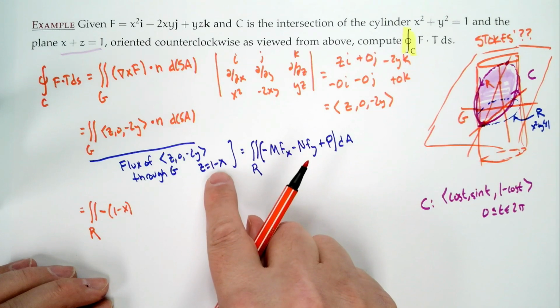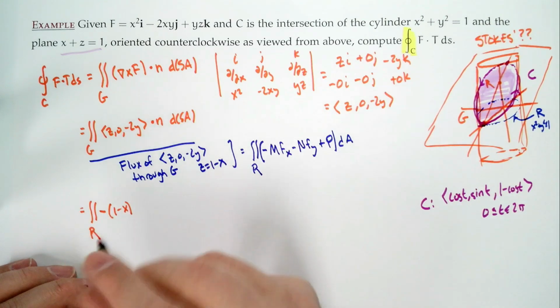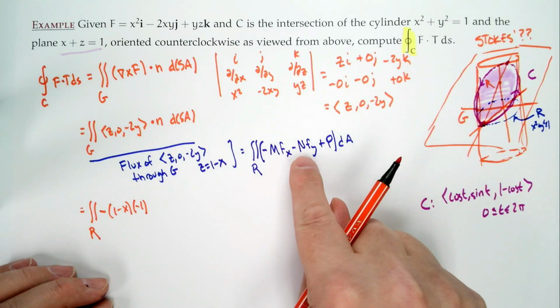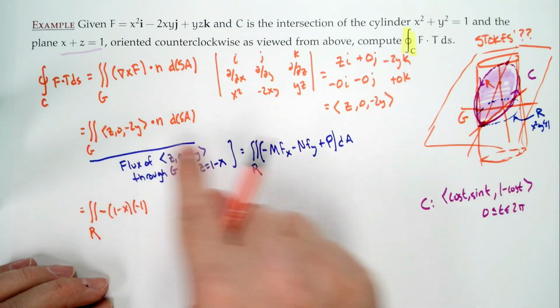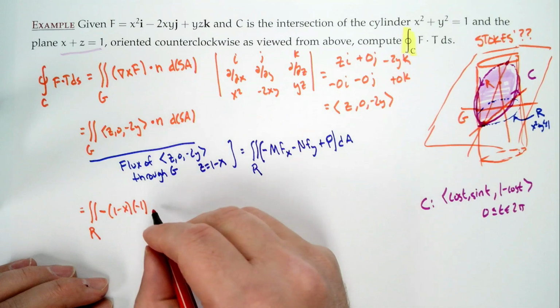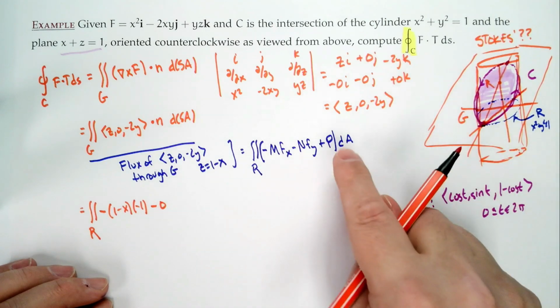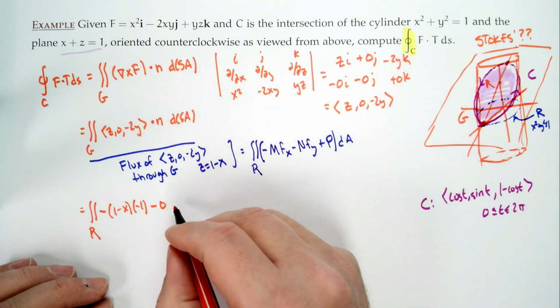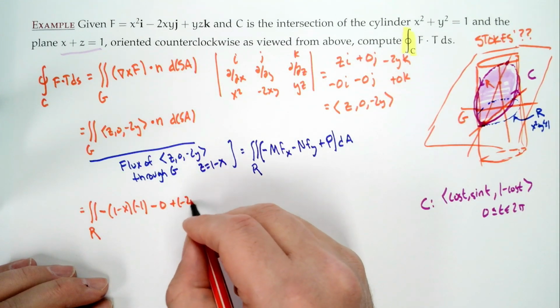So then multiply this by the derivative of the function with respect to x, which is minus 1. Minus N, which is 0, times f sub y, which is 0, so minus 0. Then plus P. So plus P will be plus a minus 2y.